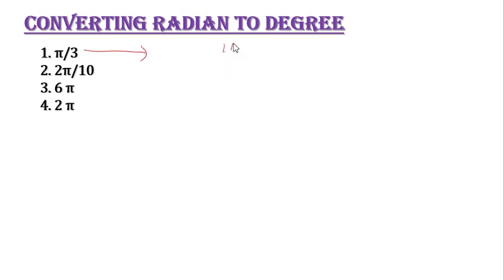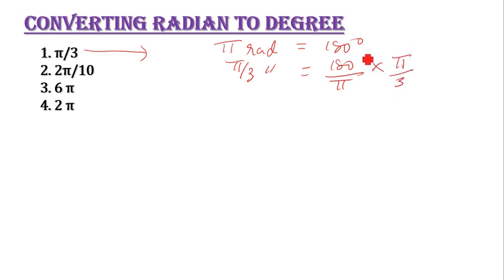Pi radian, I told you that pi radian is equal to how much? 180 degree. So pi by 3 radian will be 180 upon pi into pi upon 3 degree. Okay, so pi gone, 3 ones are 3, it will be 60 degree. So the value of this radian in angle is coming out as 60 degree.